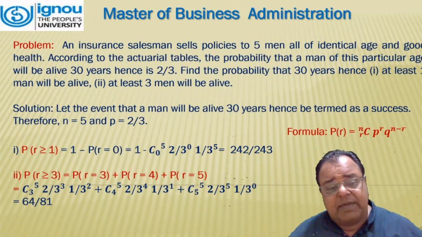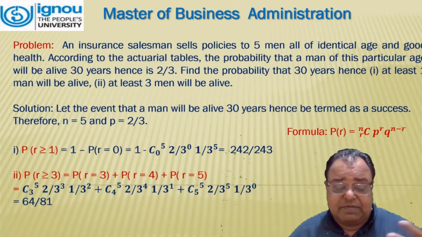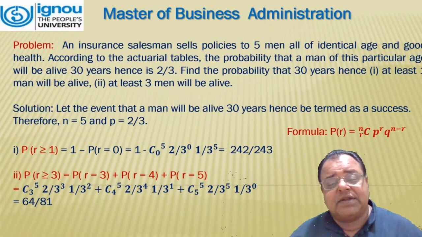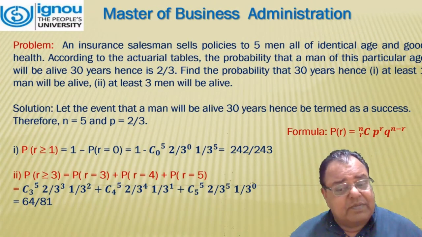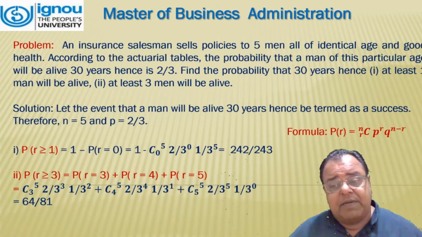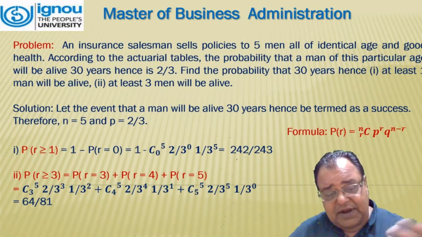In this problem, n is 5, r is 0, p is 2 by 3, and q is 1 by 3. Anything raised to the power 0 is 1. After evaluating this, we will get 242 by 243. This is the probability that at least one man will be alive after 30 years.